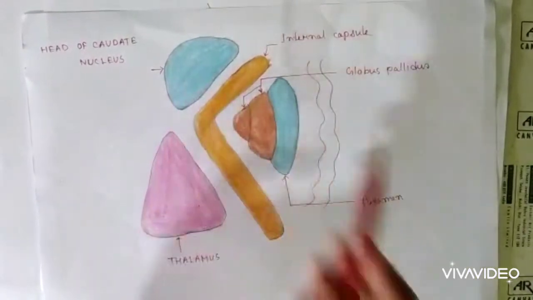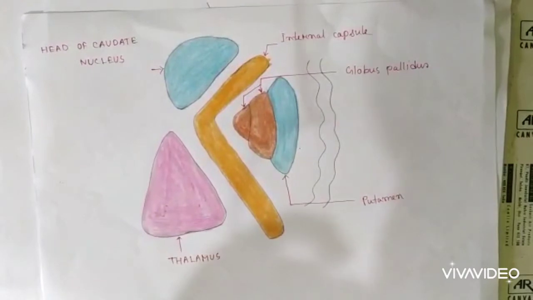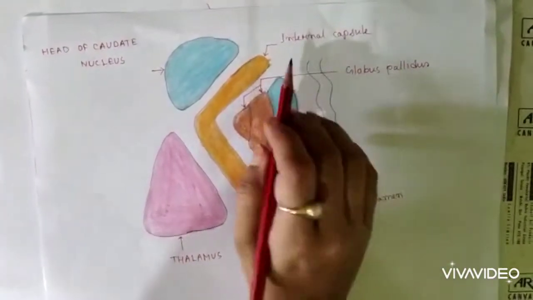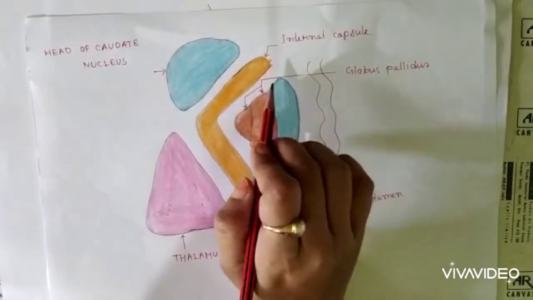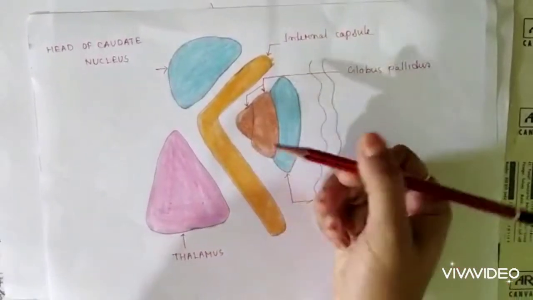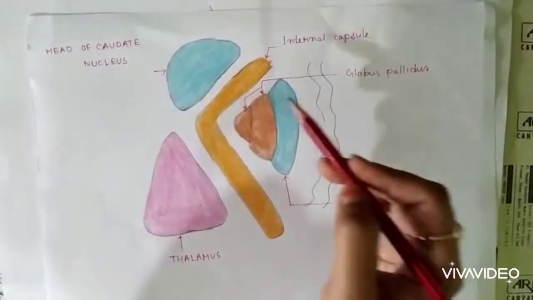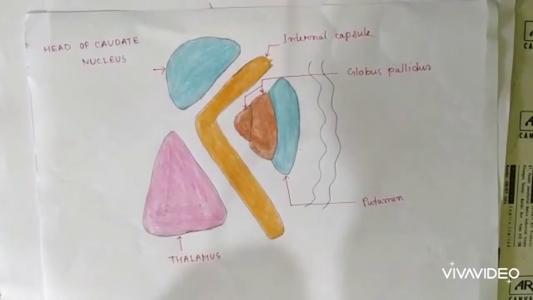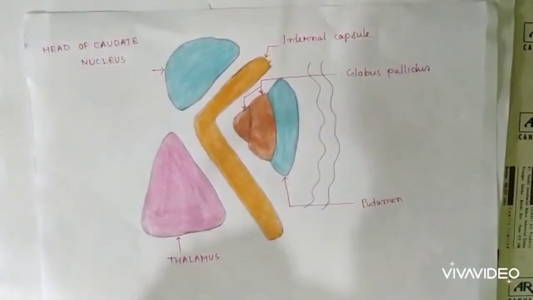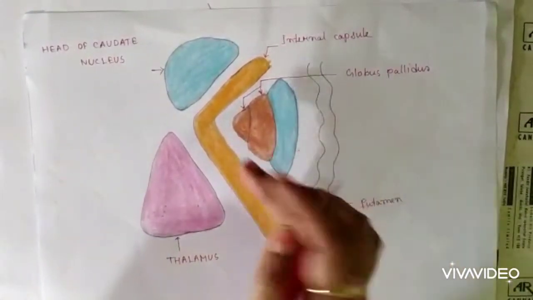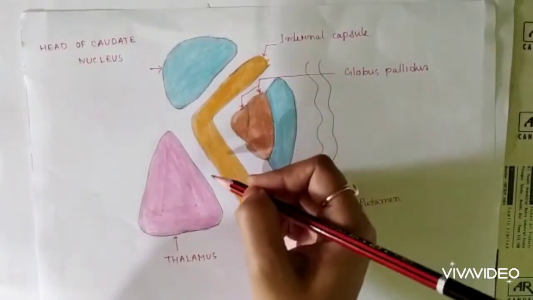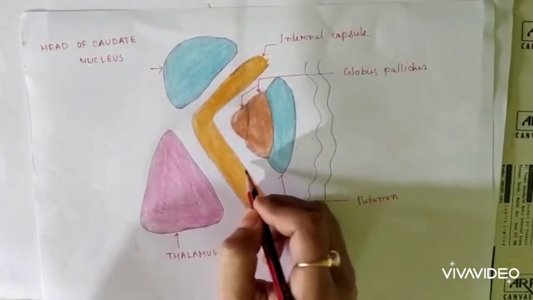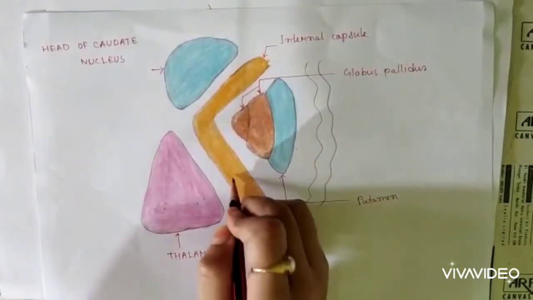The internal capsule has an anterior limb and a posterior limb. The body of the caudate nucleus lies medial to the posterior limb. This portion is the posterior limb of the internal capsule.